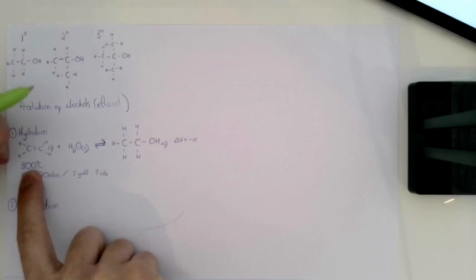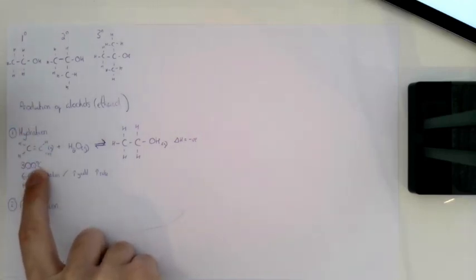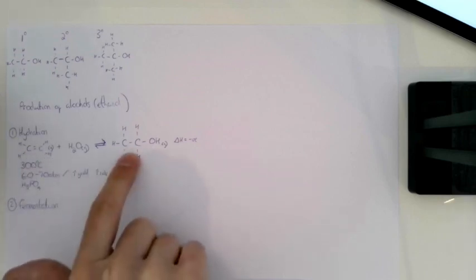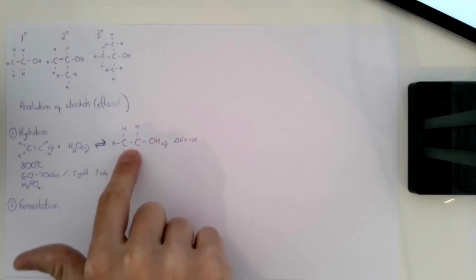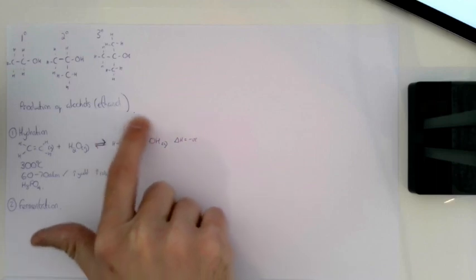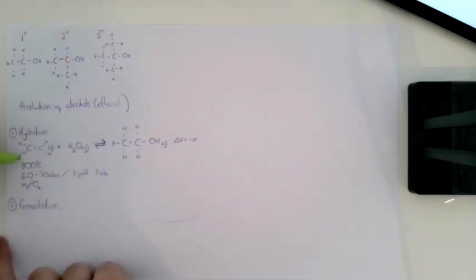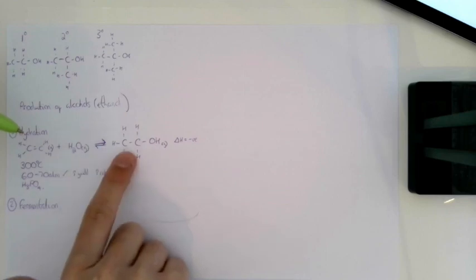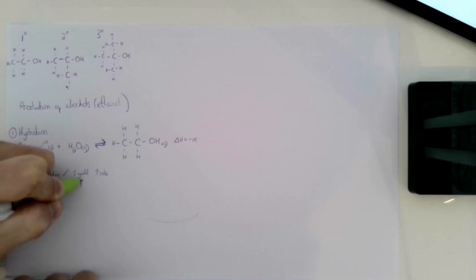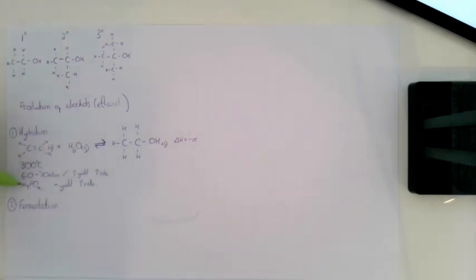So in terms of yield, higher temperature actually decreases the yield, but if we lower the temperature too much, then the rate of reaction is too slow, and although we'll get a very high yield of the product, it'll take ages to actually finish the reaction, and so there's a compromise with 300 degrees Celsius. Introducing a catalyst increases the rate of reaction, has no effect on the position of equilibrium, so it doesn't do anything to the yield, but it does increase the rate, so no-brainer in terms of introducing a catalyst there.